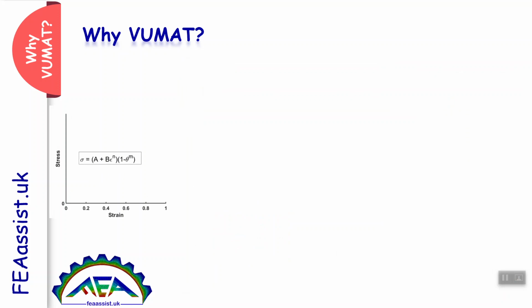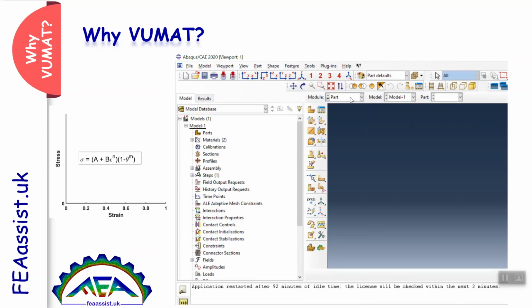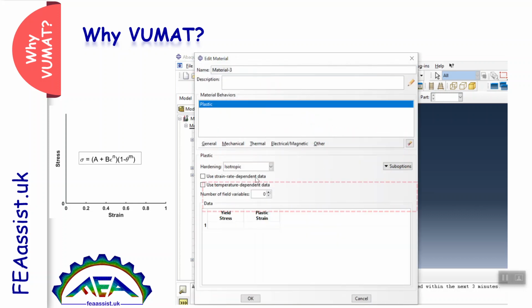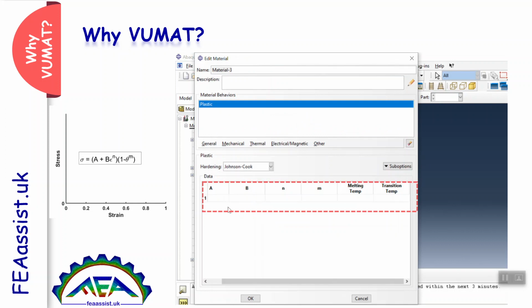If you want to solve your problem more precisely, then you need to have the constitutive behavior or constitutive equation of your material. Your material mechanically obeys some rules. If you have an equation and the equation is included in Abaqus, then you can go to Abaqus again, to property, materials, mechanical, and instead of entering the points, define the behavior.